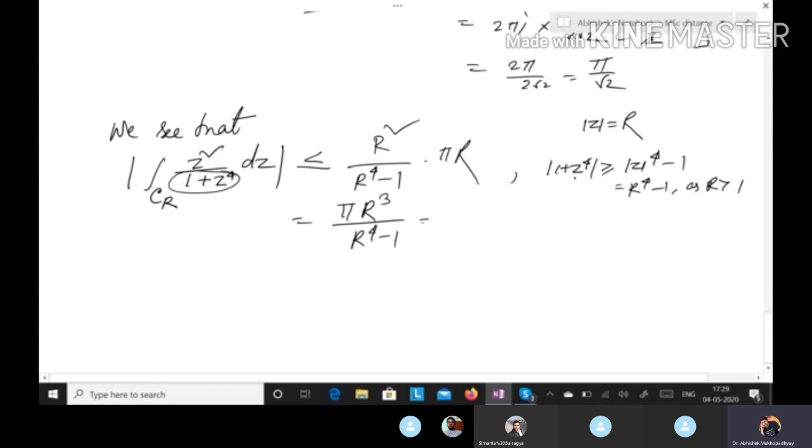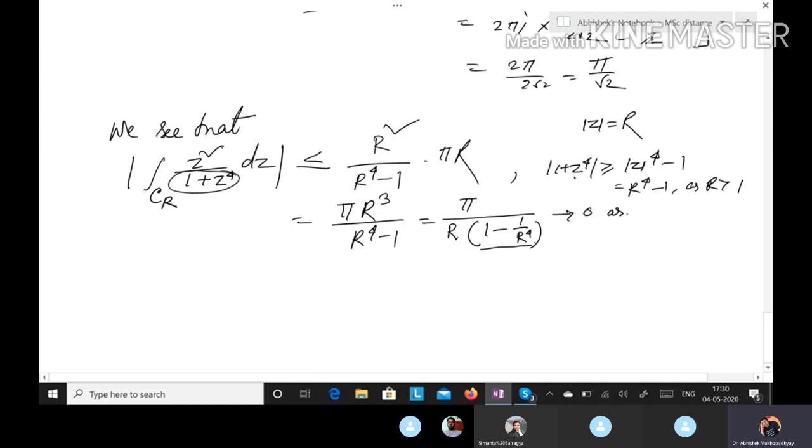So then we can have pi by r, 1 minus r to the power 4. So now as r tends to infinity, this part will be tending to 1, and for this reason 1 by r tends to 0.